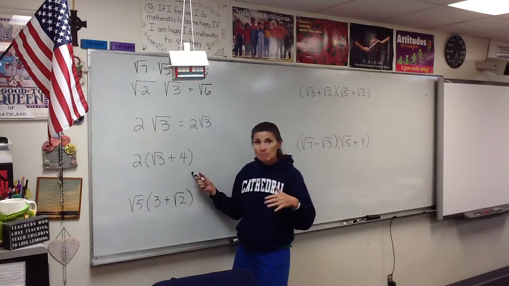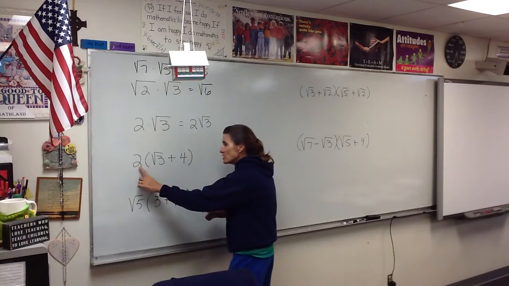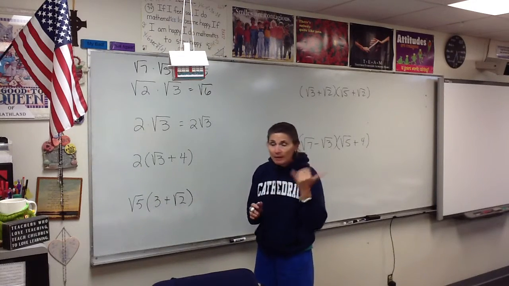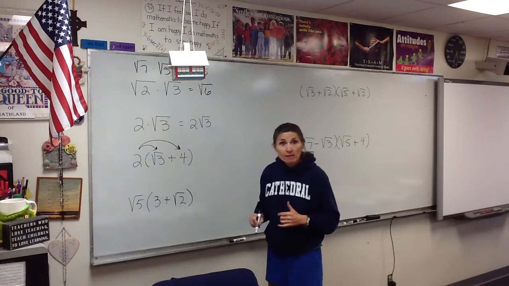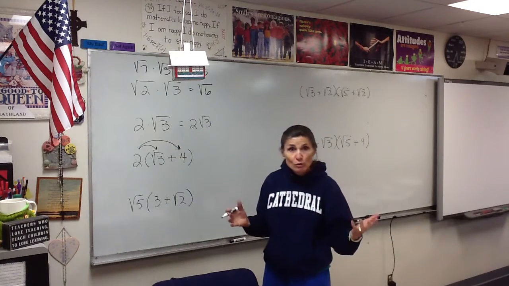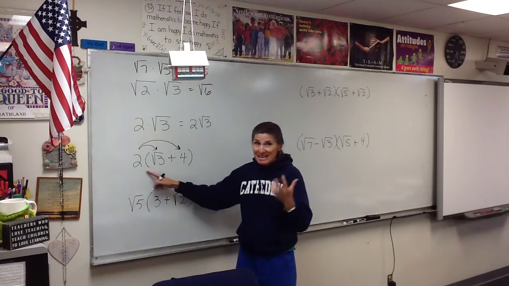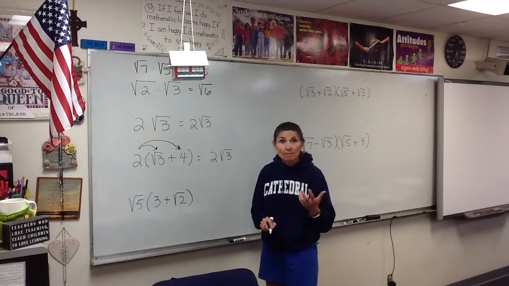All right, let's look at this, because this problem has both things happening. We have a 2 times the square root of 3. Those do not combine. So I'm going to do my distributive property, the distributive property that you've used a zillion times, but I can't do anything here. So I'm just going to write 2 square roots of 3.